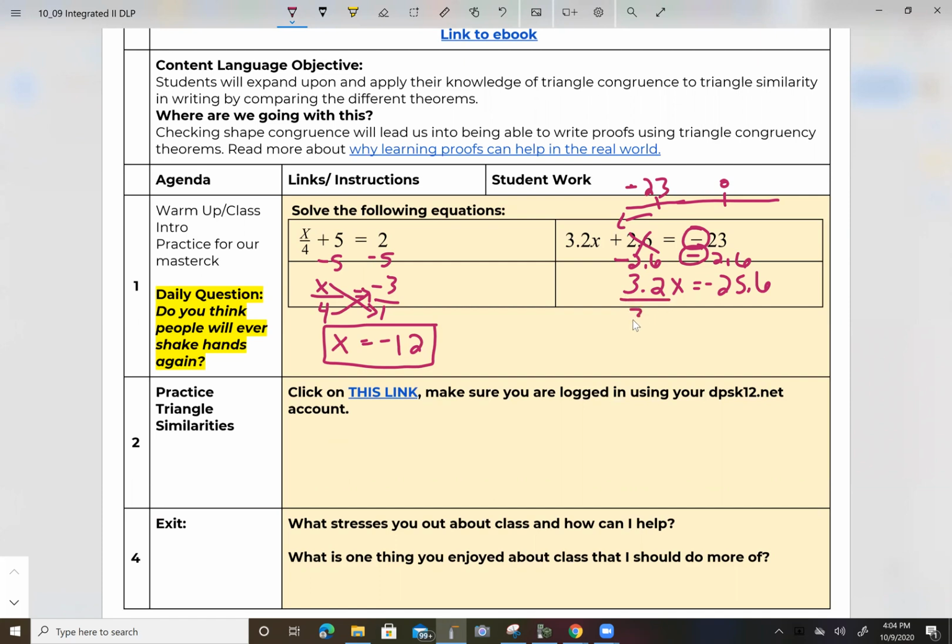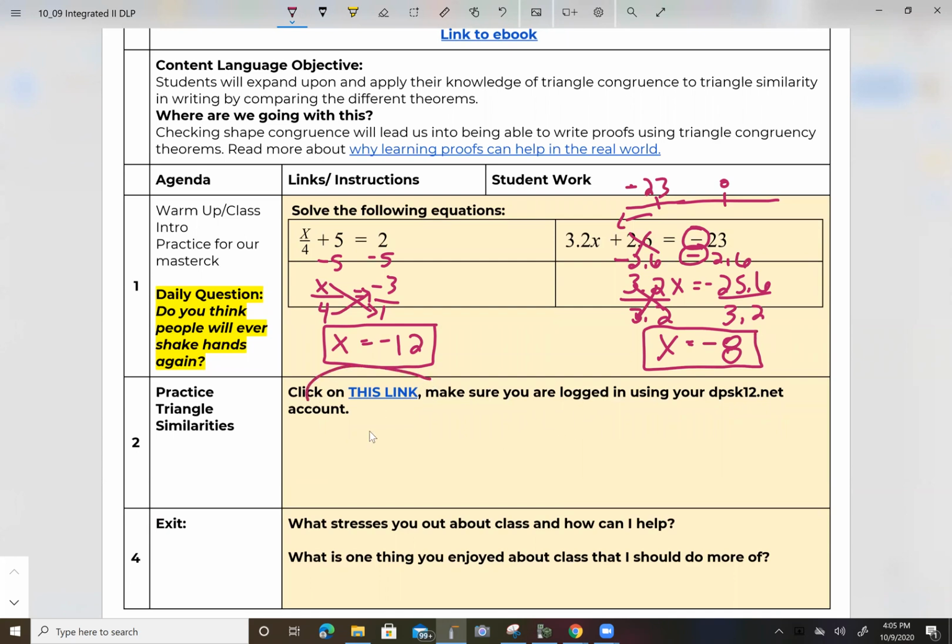And then we're going to divide both sides by positive 3.2. So this cancels on this side. So I have x equals -25.6 divided by positive 3.2, which is going to end up being a negative. And then I think it's 8. Double check my mental math there, please.